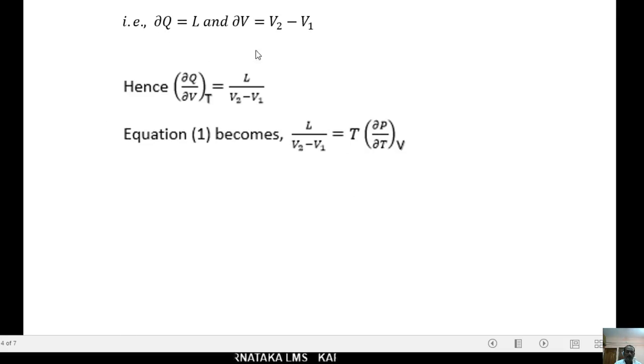Therefore, equation 1 becomes dou Q by dou V at a constant temperature, where dou Q is replaced by L and dou V in the denominator is replaced with V2 minus V1. Hence equation 1 becomes L by V2 minus V1 on the LHS. The RHS remains the same, that is T into dou P by dou T at constant volume.